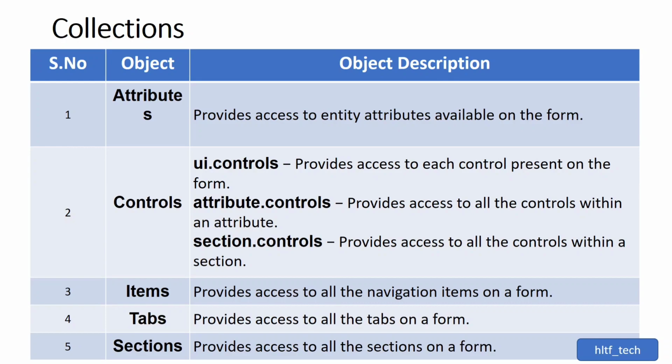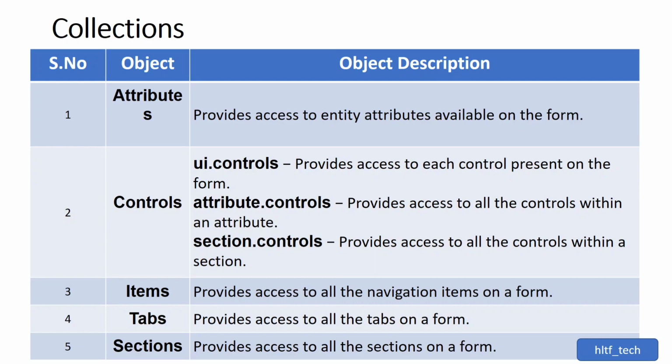Control: UI.control, attribute.control, and section.controls. These are three types of methods. UI.control provides access to each control present on the form, attribute.control provides access to all the controls within an attribute, and section.controls provides access to all the controls within a section. So UI gives control to the form, whereas in a form there are attributes, and the attributes are divided into different sections.